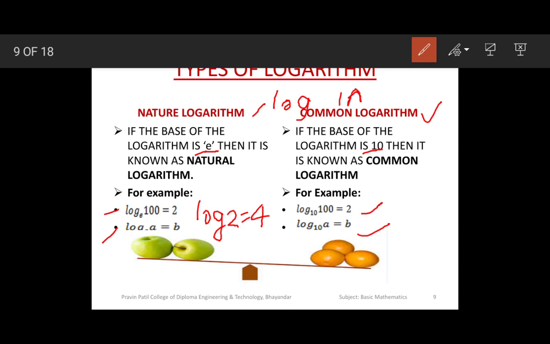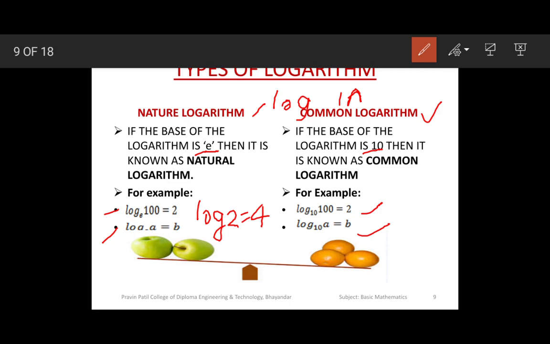So log means common log, ln means natural log. Log means log to the base 10, so common log. L means log, N means natural. So natural log and common log.